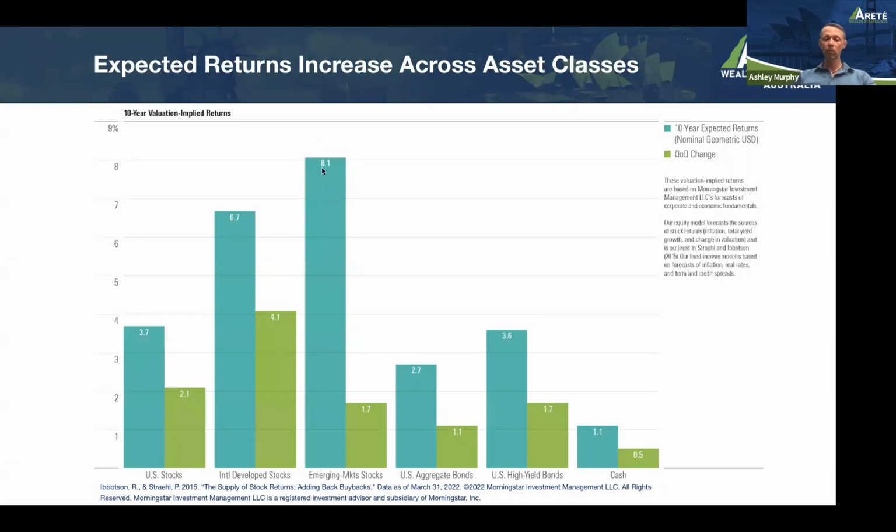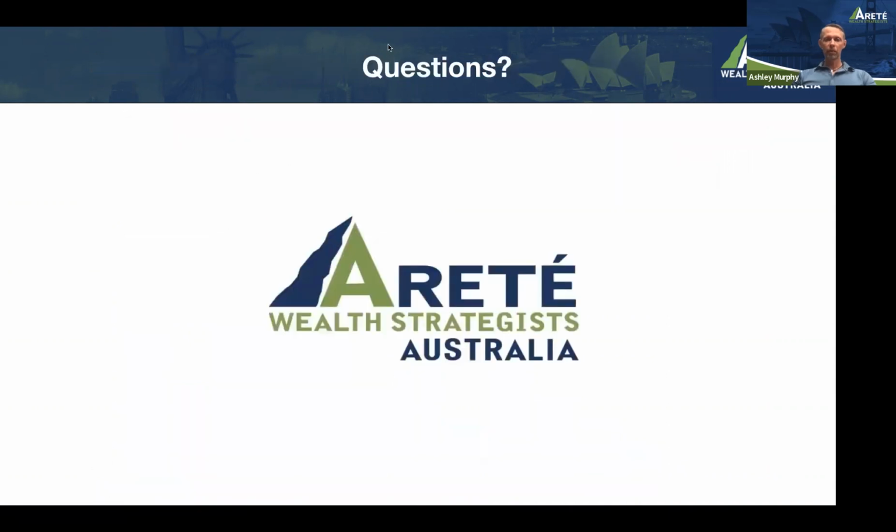Emerging markets, 8.1. That's really something. That is in large part because emerging markets have not had such a great time with COVID. They've been really on the ropes as a result of that. So many of these asset classes have significantly increased expected returns over the next decade.